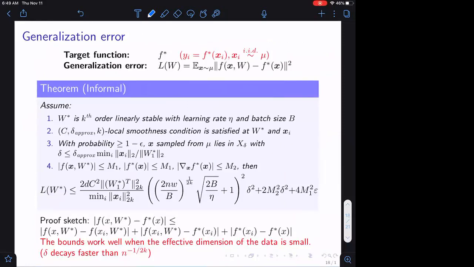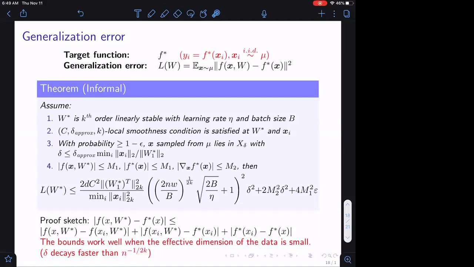So finally, let's use the theorem that we just proved to prove the generalization bound. Here, in order to prove generalization, I assume that I have a target function, where the target function is the ground truth, and the yi is given by this target function.